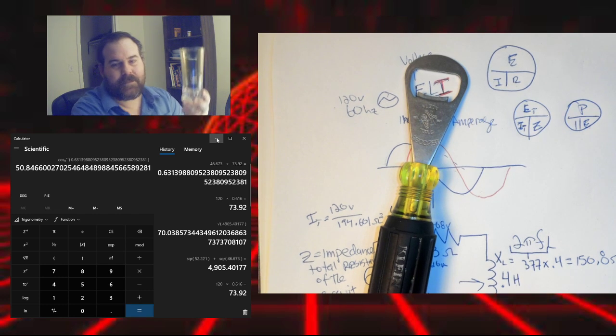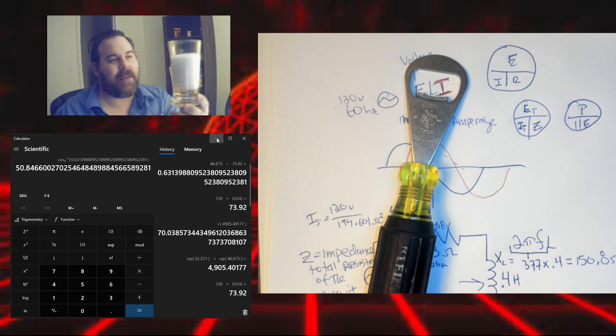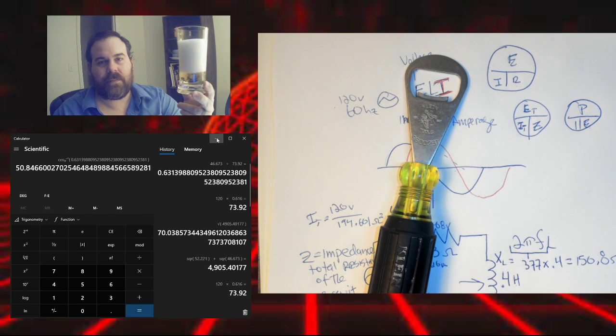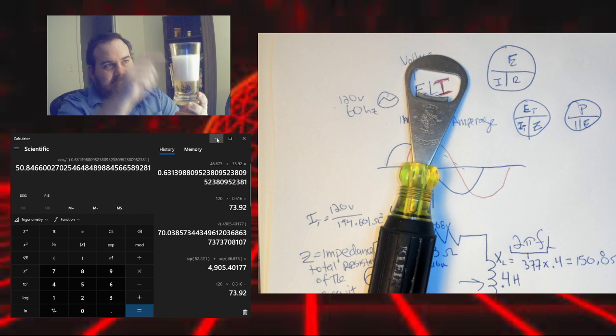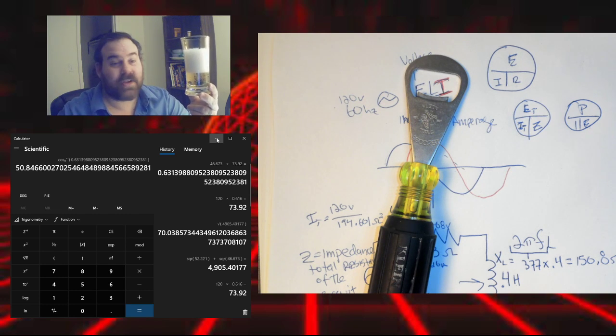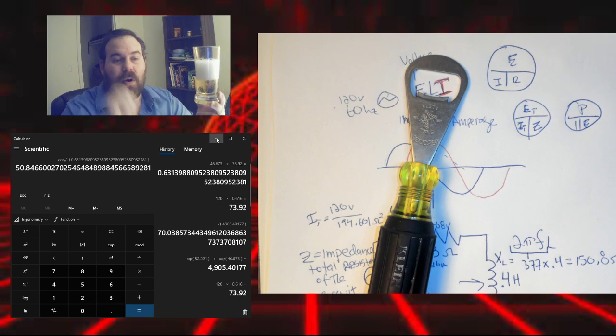Right? As I fill the beer, I'm going to get beer and foam. Right? The beer I can drink, the foam I cannot. But if the foam is in the glass, I've got to pay for the glass no matter what. So what I want is less foam and more beer. The beer is watts.